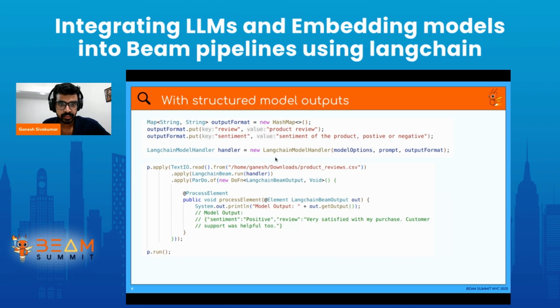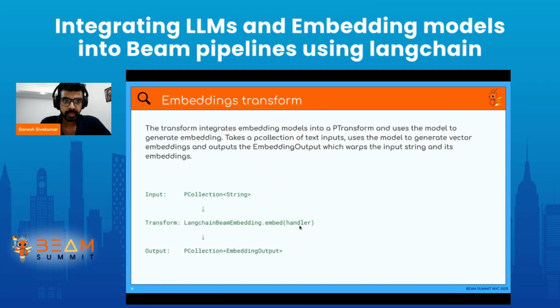So now when I read data locally and then apply the LLM transform, I would get the output in a JSON structure, and further I could group by the negative or positive reviews for further downstream processing.